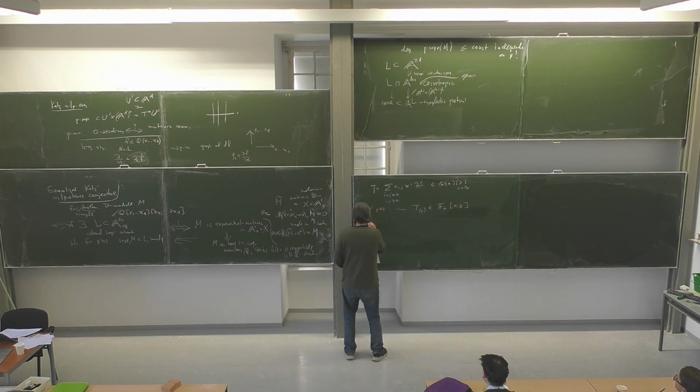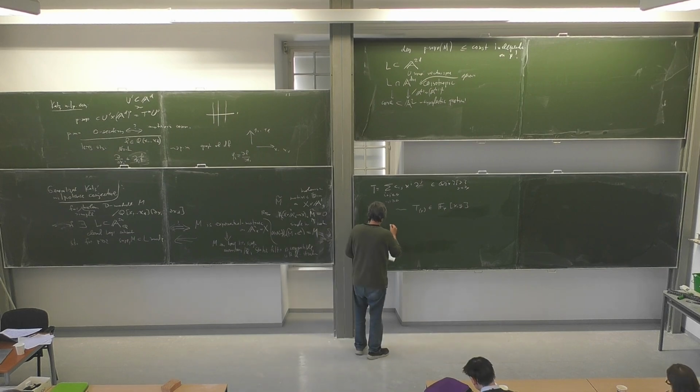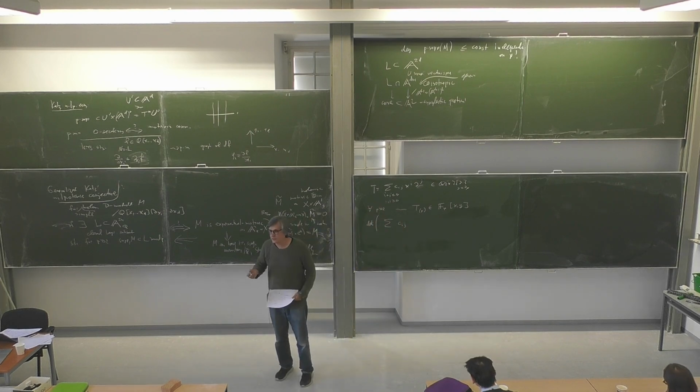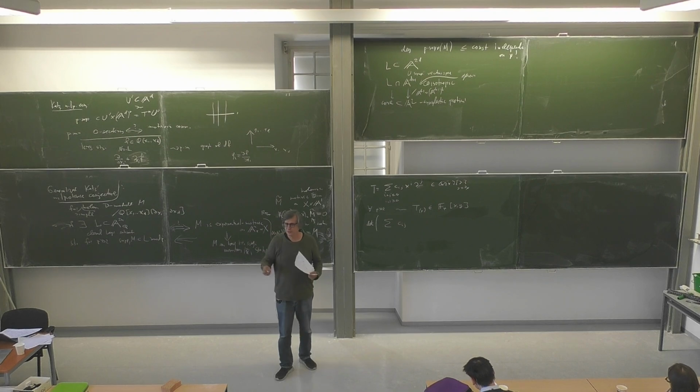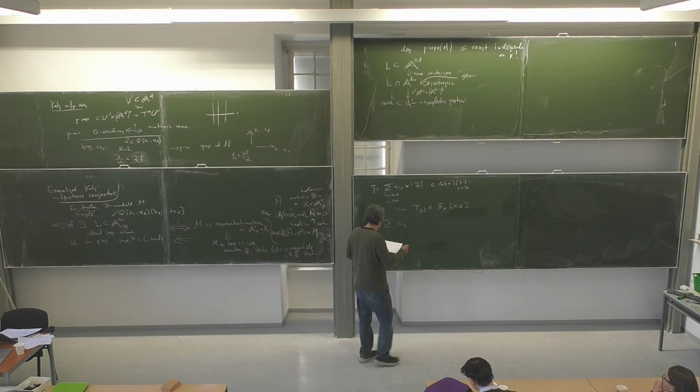Namely, what you do, you look at these Azumaya algebras and make their representations, and look at places where my operator is not invertible. Operator is not invertible means the determinant is not invertible. So to bound the support, we need to see the vanishing of the determinant.